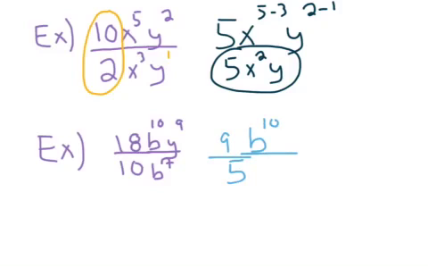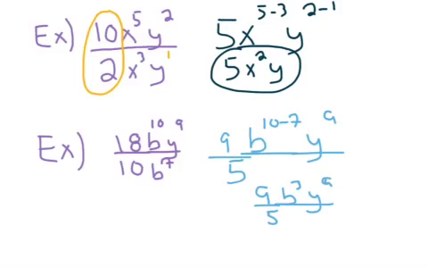I would do 10 minus 7 because I'm dividing, so I would subtract my exponents, and then I also have a y to the 9th power in my numerator. So if I simplify that a bit more, I have 9/5 b to the 3rd y to the 9th. If you are not understanding how I'm getting any of this, or you still have a question, please ask your teacher.